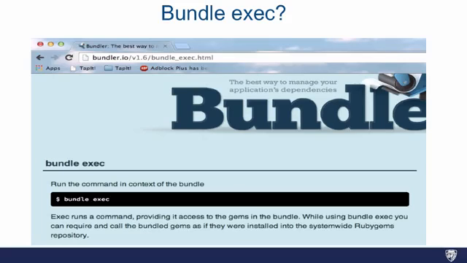One last thing, bundle exec. Sometimes you'll see people running bundle exec rake or bundle exec rails. And the reason for that is that what bundle exec does is that it uses the executable of a gem, for example, Rails or rake, that is specified in the gem file of the current app.